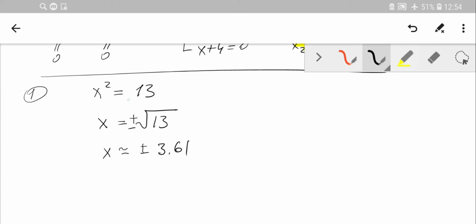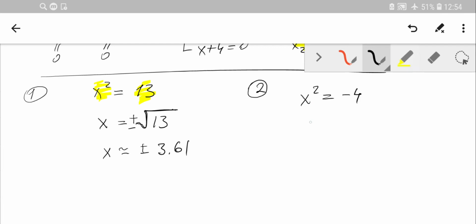Okay, why are we eligible to evaluate the square root of 13? Because 13 is a positive number. Because we have x squared, or x in even powers, the right side should be positive. For this reason, I'll give you a counterexample. For example, what if x squared equals negative 4?